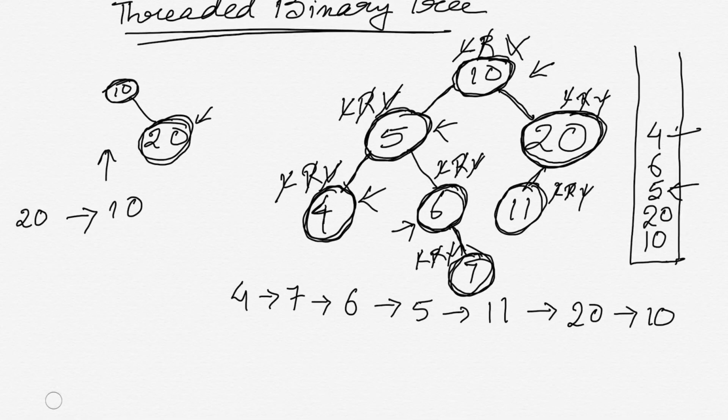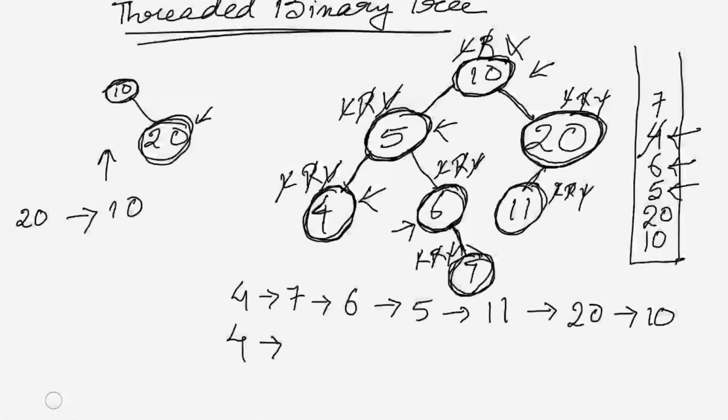So now 4 is on top of the stack, and we see that it has no left or right child, so we pop 4 and we print it. On top of the stack we now have 6, and it has no left child, but it has a right child, which is value 7, so we push 7 in the stack.